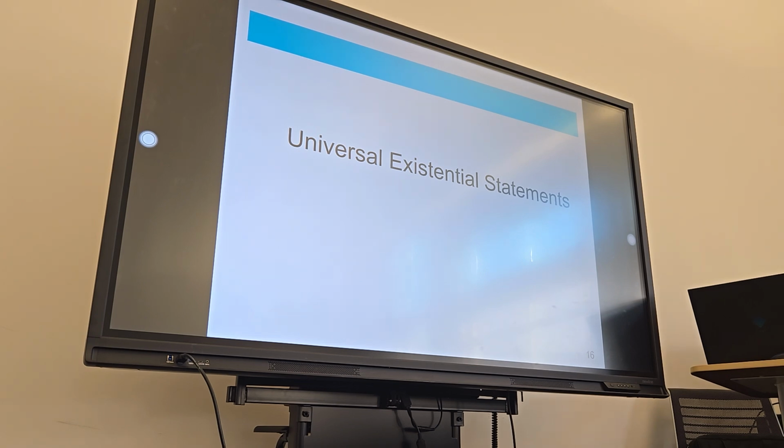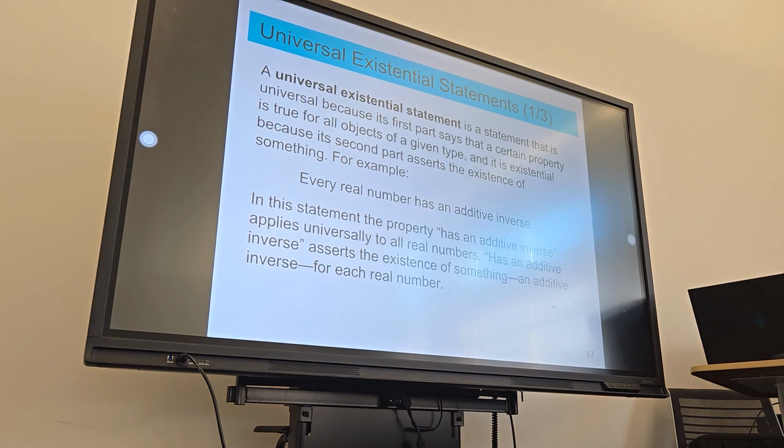Universal existential statements are another kind of compound statement. A universal existential statement is universal because its first part says that a certain property is true for all objects of a given type, and it is existential because its second part asserts the existence of something. So, every real number has an additive inverse.